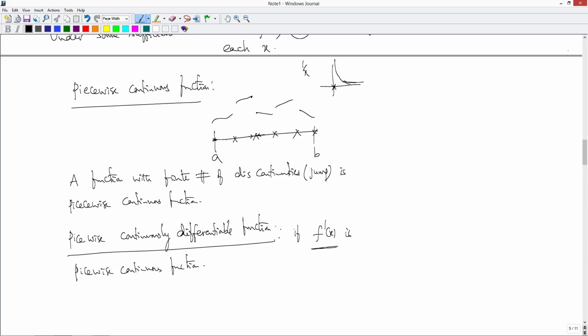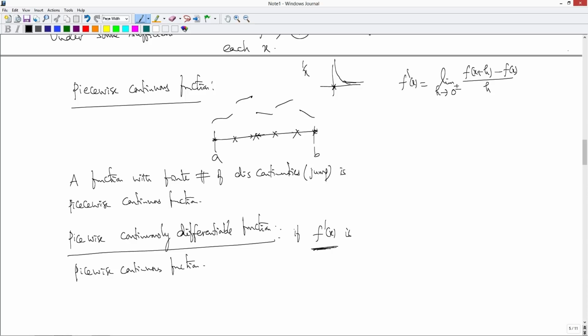So, those are the left hand limits of f dash. F dash at b follows the definition of the derivative. What is the derivative f dash of x at b? At x you see, f of x plus h minus f of x, as h goes to 0, this is the definition of the derivative. If h goes to 0 plus or minus, both are the same. If you take plus, that is the right side, x plus h.